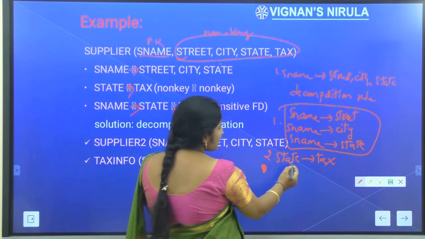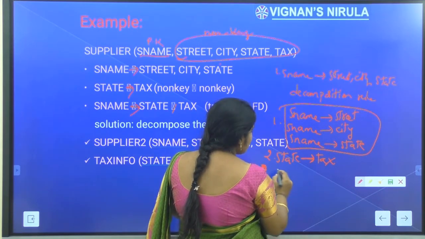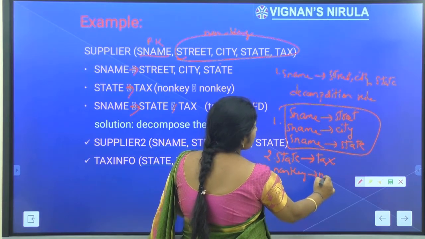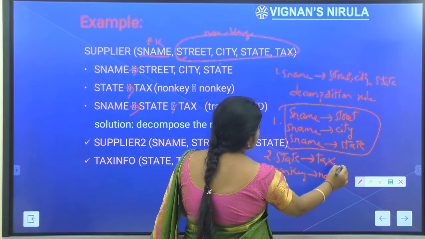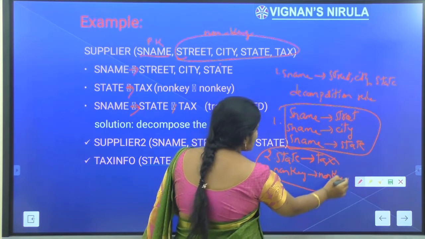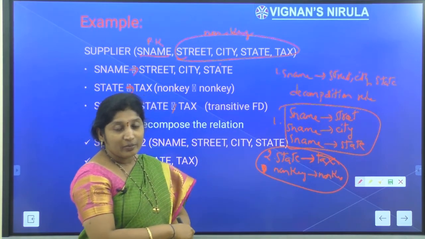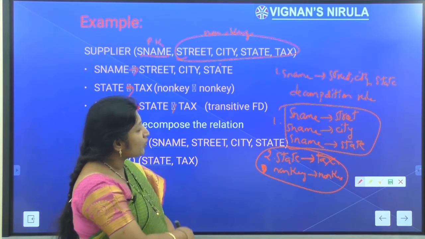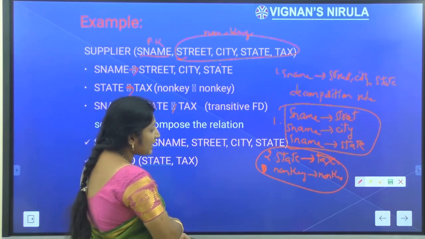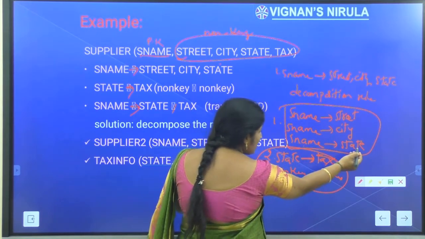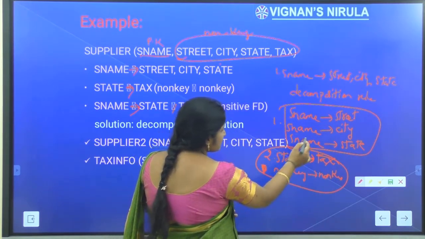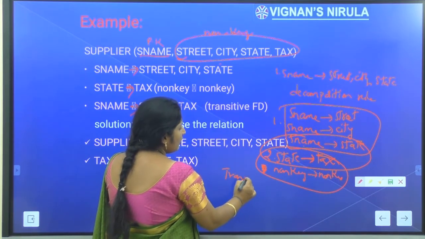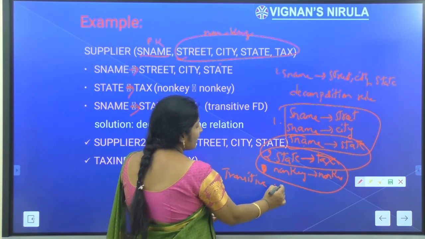While considering state implies tax, state is also a non-key, tax is also a non-key. So a non-key to non-key relationship exists here. But according to the third normal form rule, we should avoid non-key to non-key relationships. After combining S name implies state and state implies tax, by applying the transitive rule, what can I get?